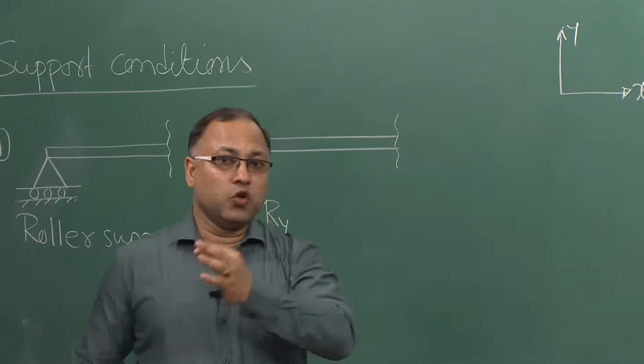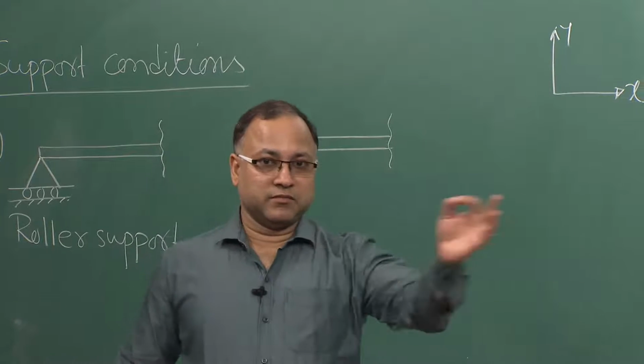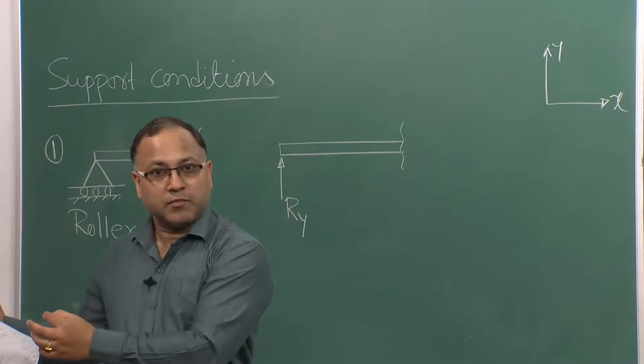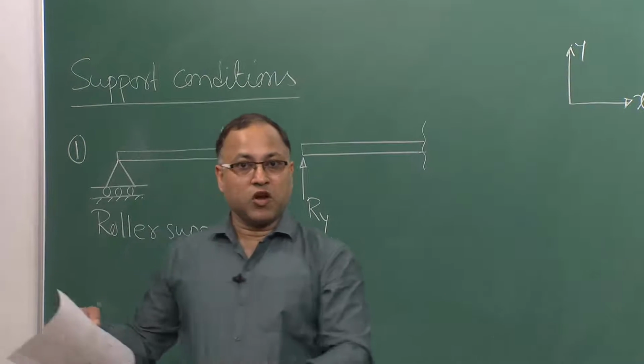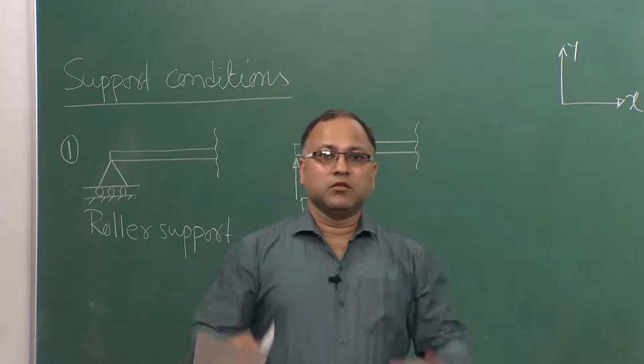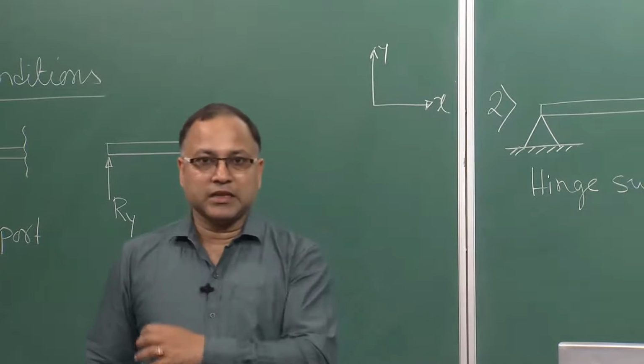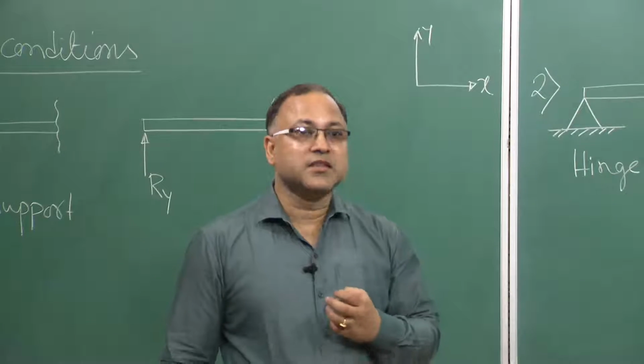So, the door can rotate, but it will not come out from the frame or go down from the frame. So, this is a typical example of hinge support.